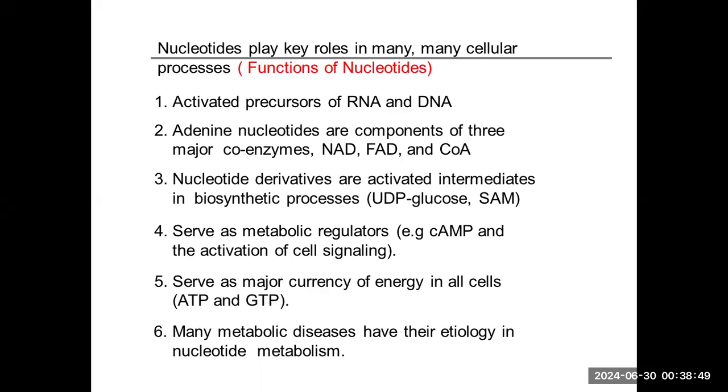ATP and GTP. Generally, ATP is considered as the major currency of energy in the cell, and also to some extent, GTP also serves as a major currency of energy in the cells. Many metabolic diseases have their etiology in nucleotide metabolism that we will be discussing in the later slides.